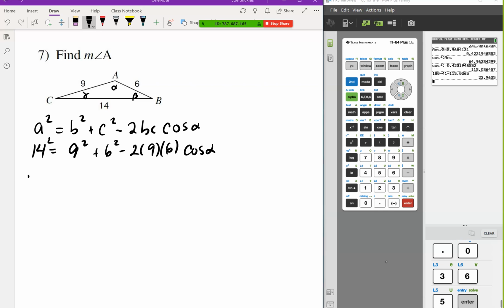14 squared is 196. I'll put the 9 squared and the 6 squared together. 9 squared is 81 and 6 squared is 36. So this part will be 117. 9 times 6 is 54. Times another 2 gives me 108.